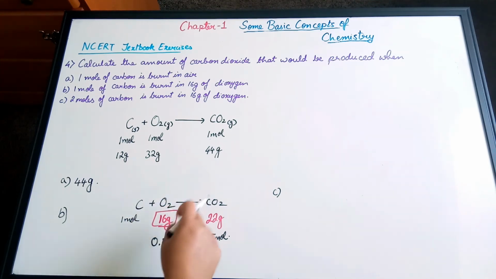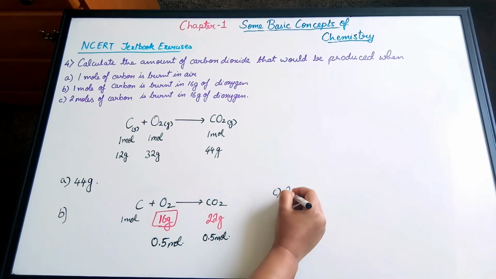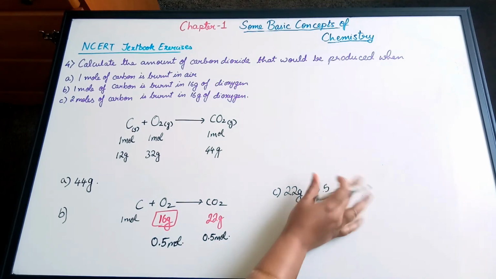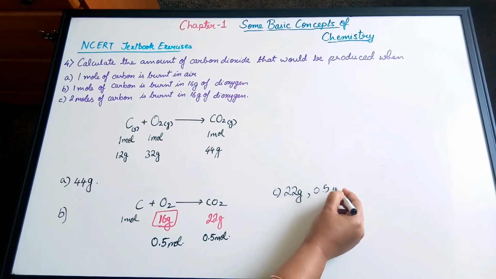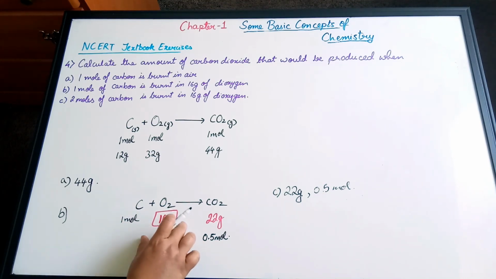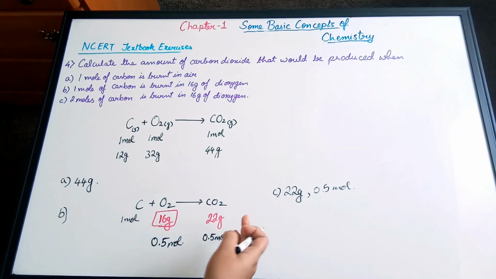So because of that, the amount of carbon dioxide formed is 22 grams or 0.5 moles, because oxygen is acting as the limiting reagent. So even if I have 100 moles of carbon, if I have only 16 grams of oxygen, then the amount of carbon dioxide that will be formed is 22 grams, or 0.5 mole. Okay, so this question is mainly based on stoichiometry and the concept of limiting reagent.